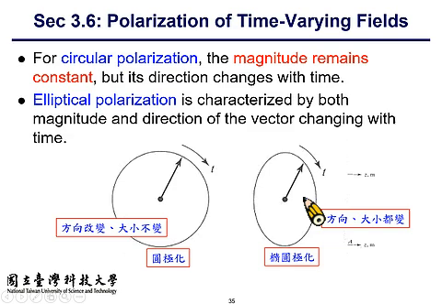So it rotates with a consistent magnitude while the direction is changing, following a circular locus, a circular path.